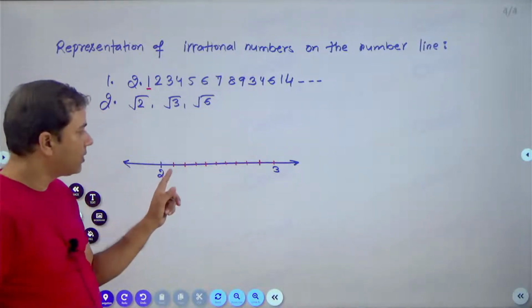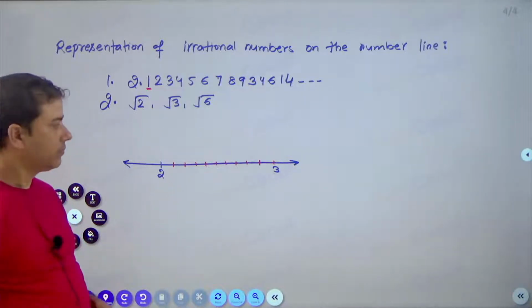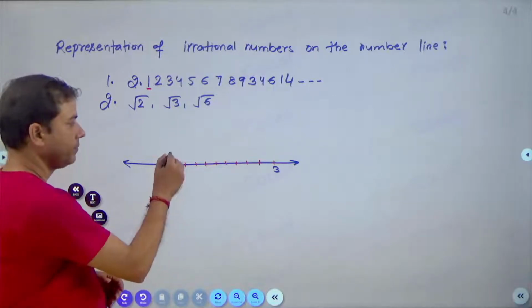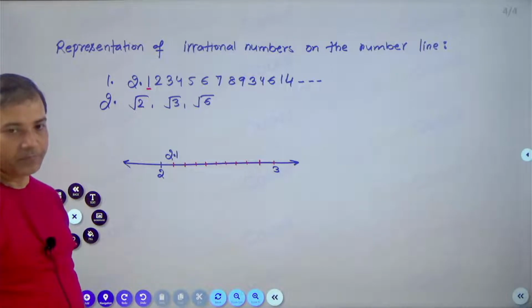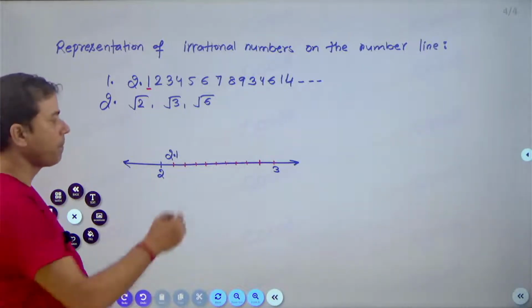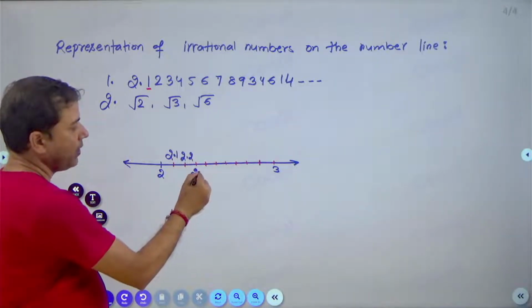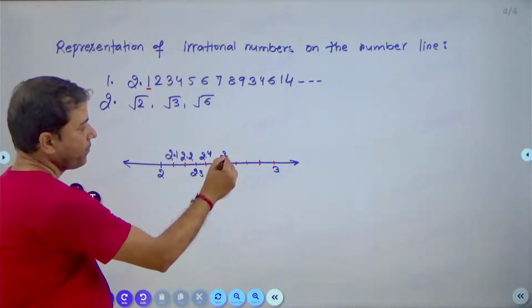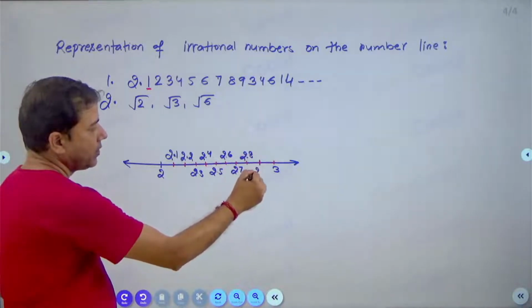Can you tell me what the first point is representing? 2.1. And what is the second point representing? 2.2, right? Similarly, it is 2.3, 2.4, 2.5, 2.6, 2.7, 2.8, 2.9.